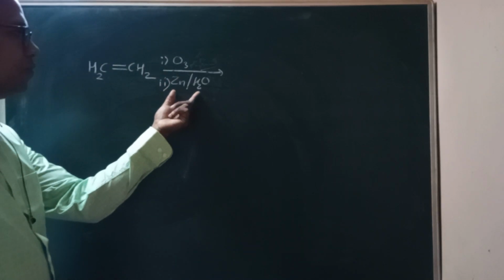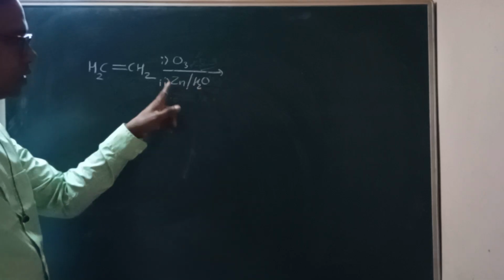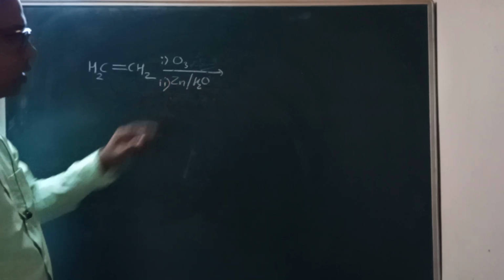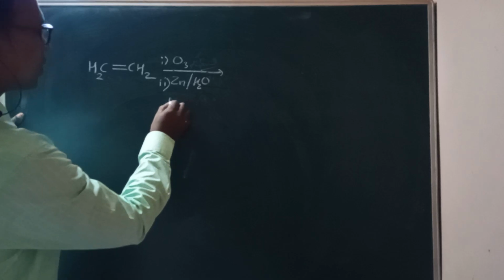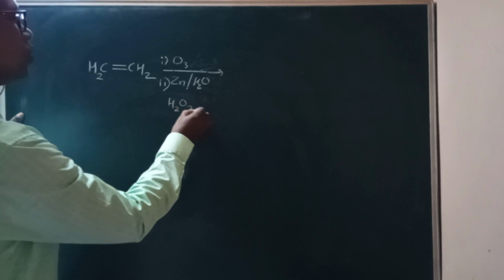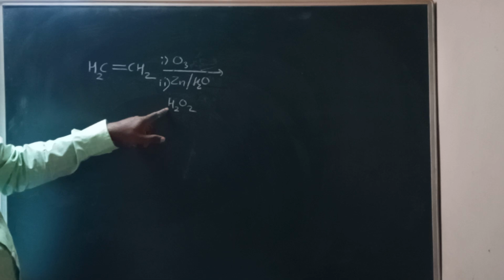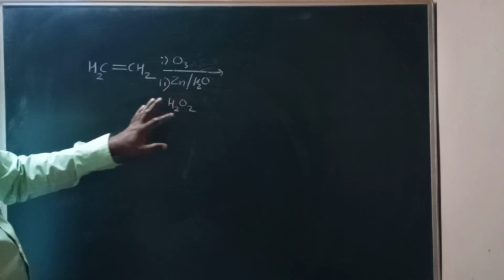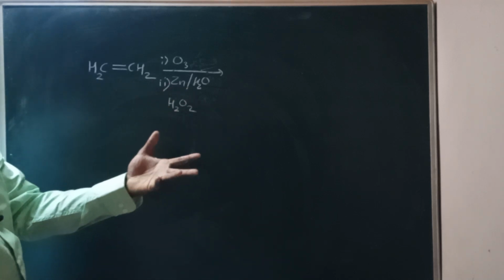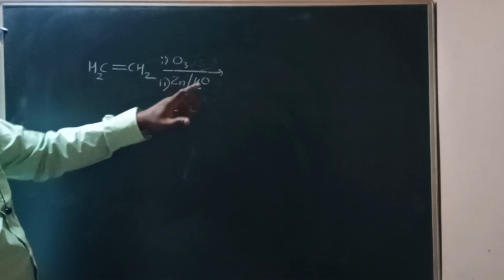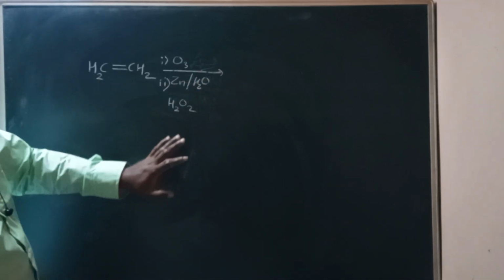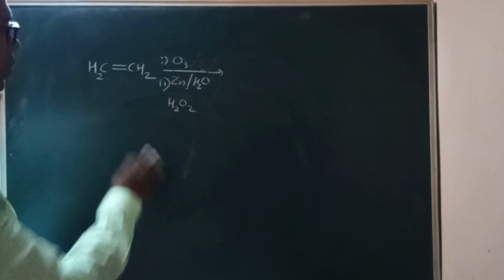And the second cleavage is reductive cleavage because it's a reducing agent. Okay. Now in some cases we may find here H2O2. So if H2O2 is here instead of Zn and H2O, then that will indicate oxidative cleavage. Products are different. Reductive cleavage gives one type of product and oxidative cleavage gives another type of product. So we'll see that later on.